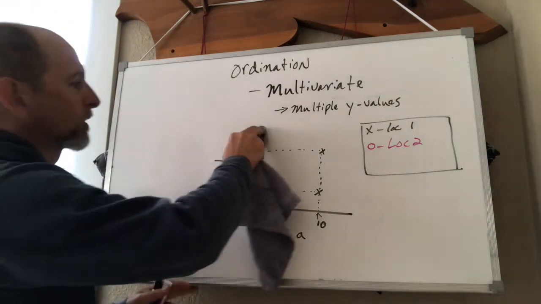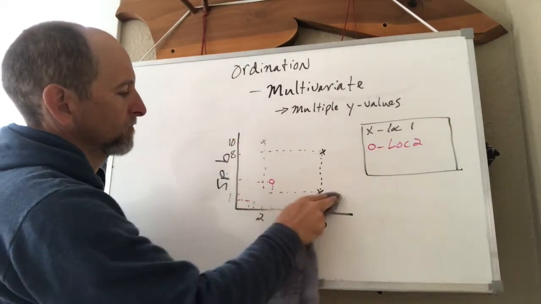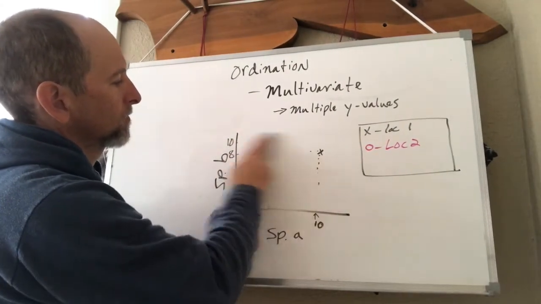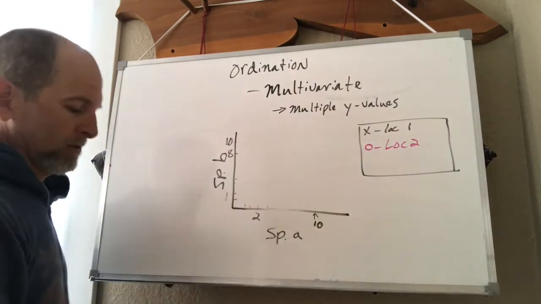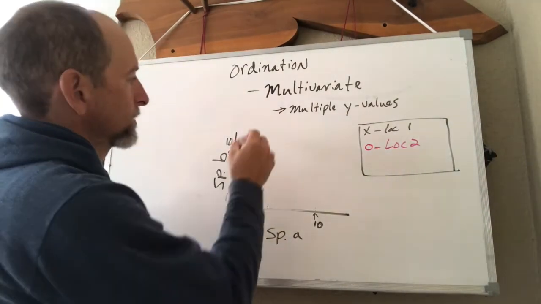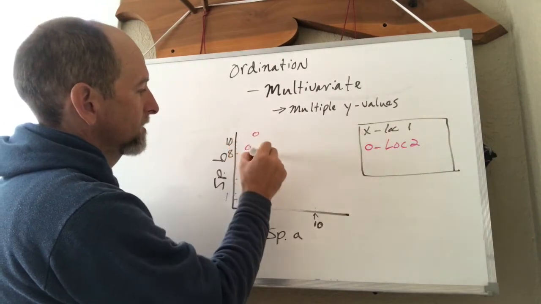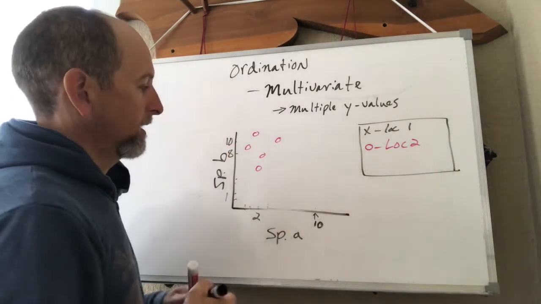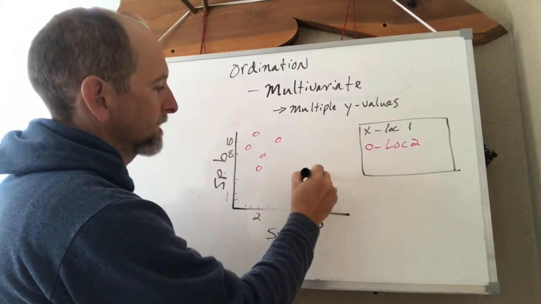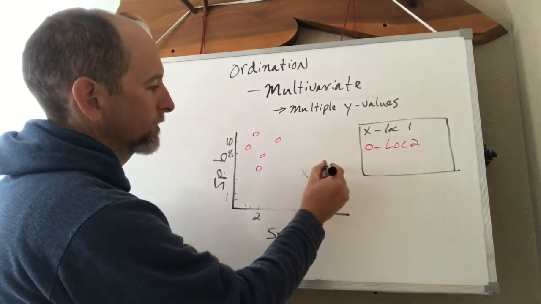The picture can get more complicated though. Where you could have a situation like, let's say, one ends up here, and another group of samples ends up over here.